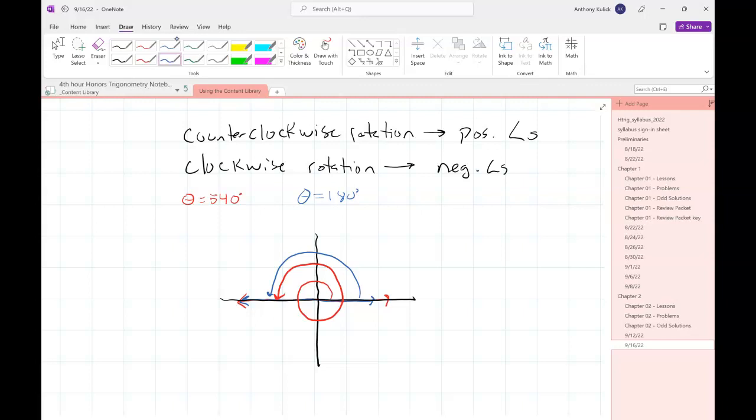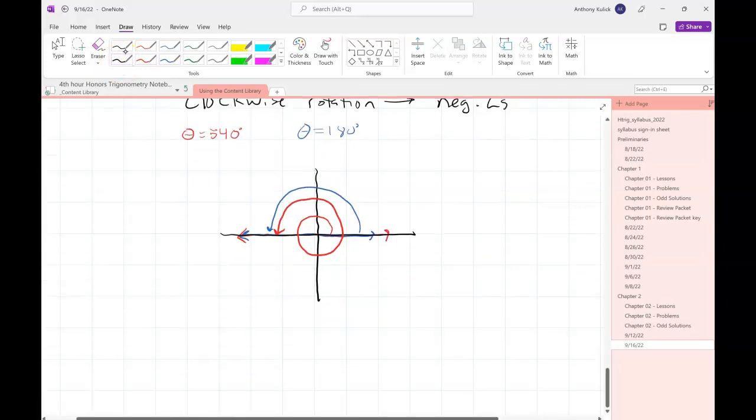They're in the exact same locations, right? You guys see that? If we eliminated the rotational piece, the little drawing that I made, we have the exact same picture. Well, those kind of angles are going to get a special name. We're going to call these guys coterminal angles.